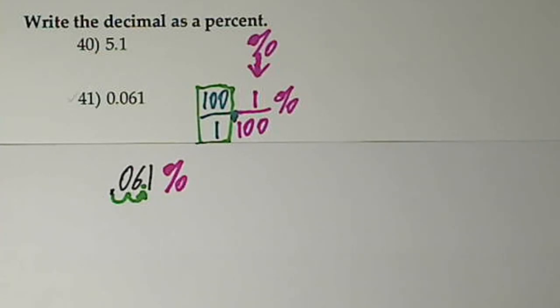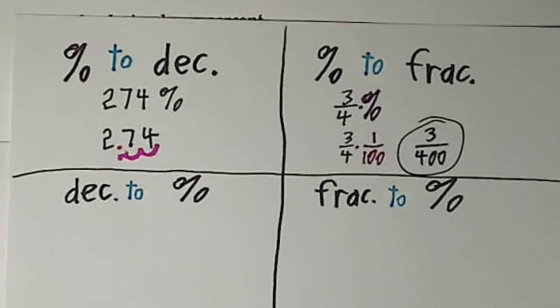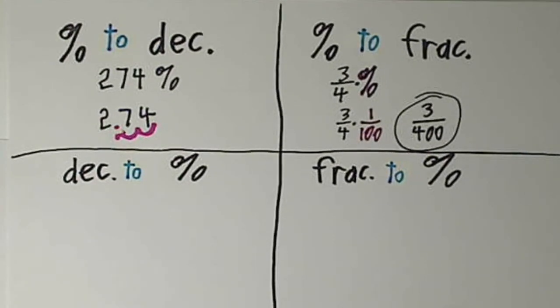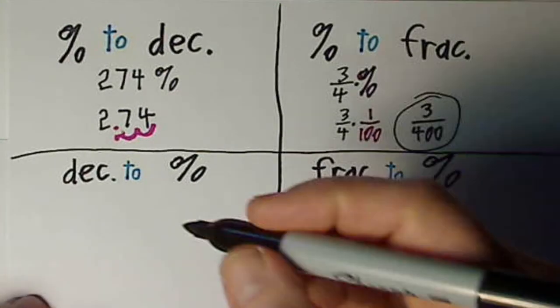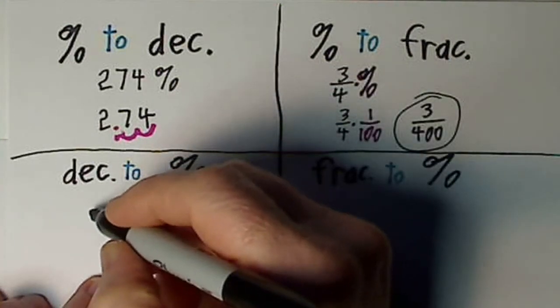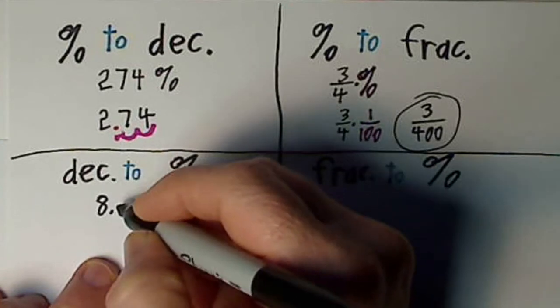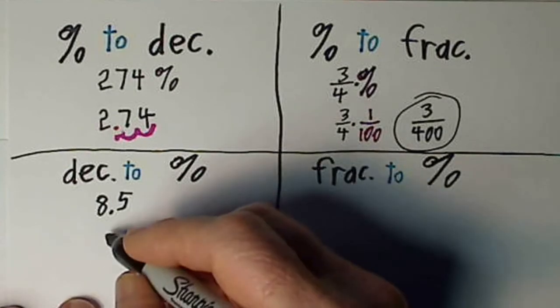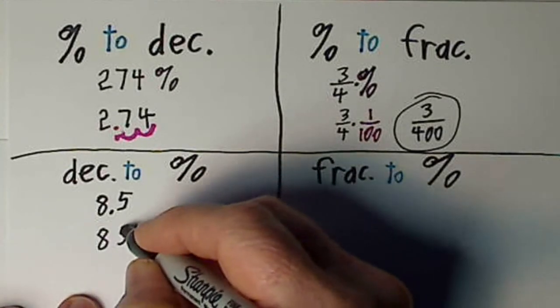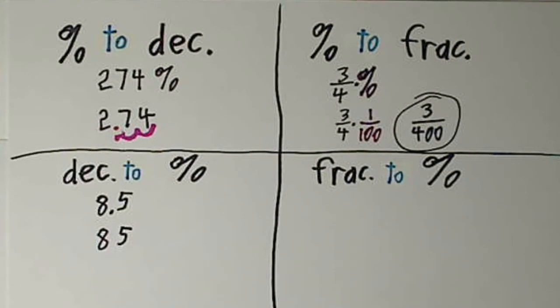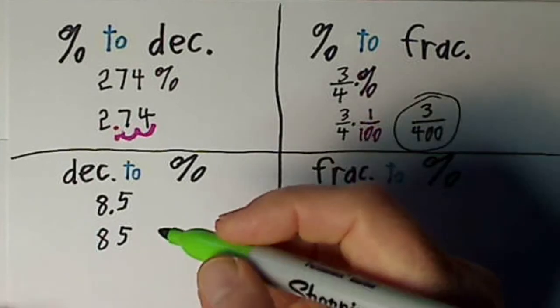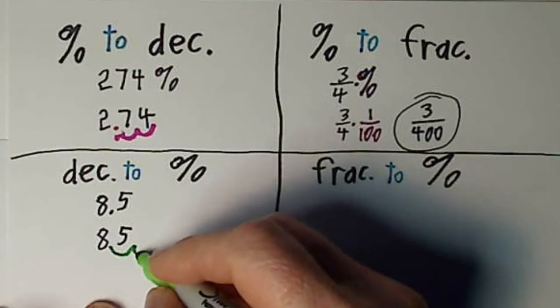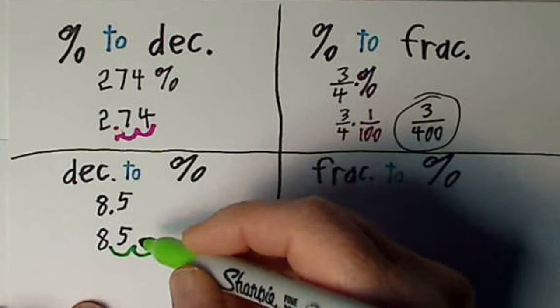So let's see if we can maybe summarize that with a slightly different one. When I go from decimal to percent, if I am given, let's say, 8.5, if I want to put in a percent sign, I move the decimal 2 spaces towards the percent sign.